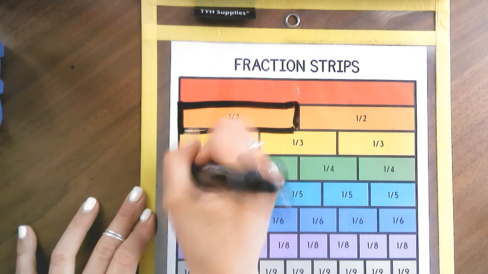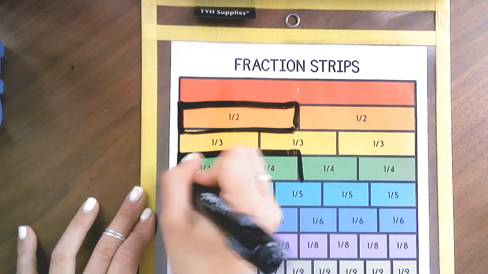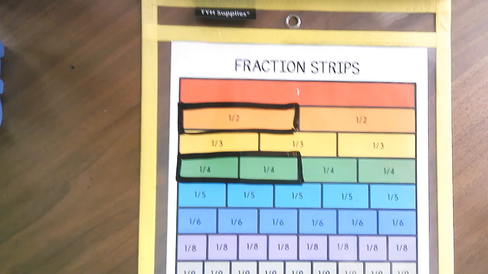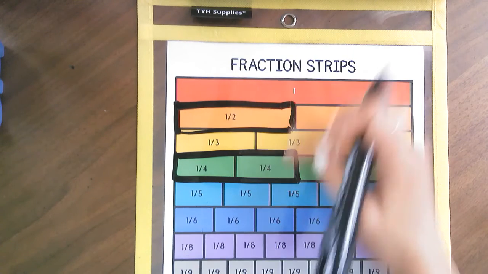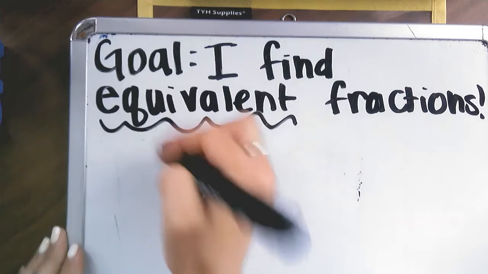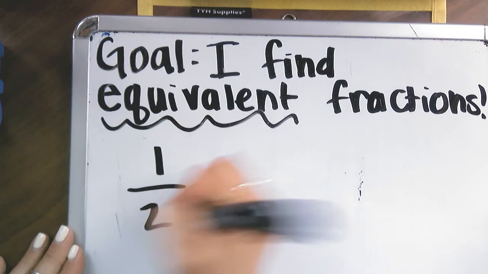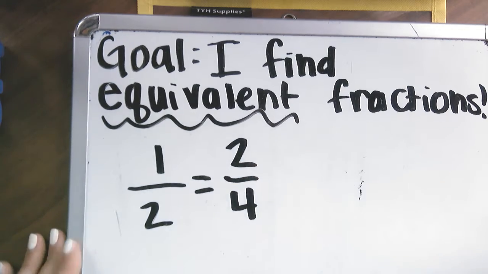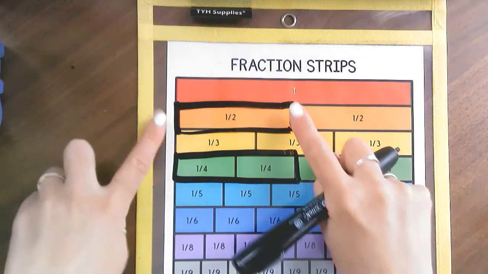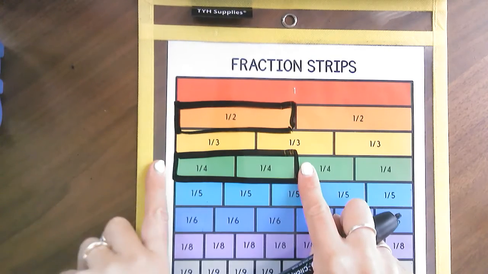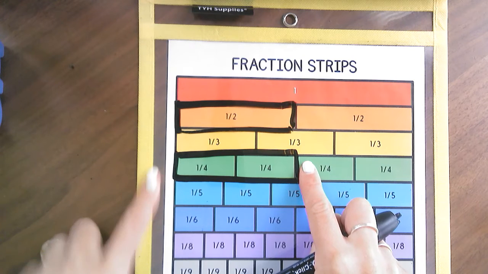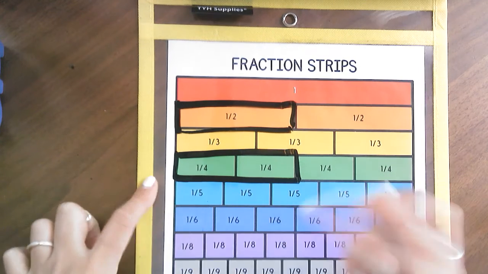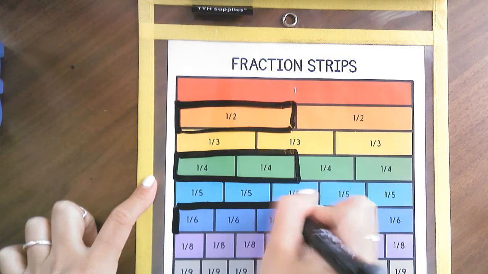But if I do something like this, I find that 1/2 is equal to 2/4. So I can write 1/2 is equal to 2/4 because 1/2 and 2/4 are the same amount of space. Now, if I go to fifths, there's nothing that goes to that same line, but with sixths, I can find something.